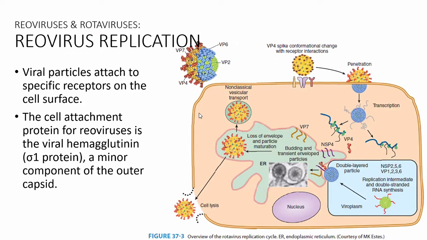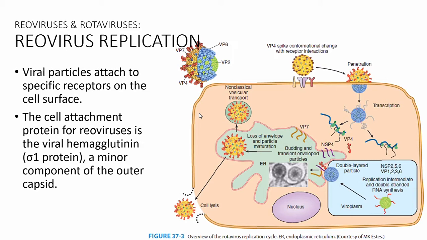The core of the reovirus also contains all the enzymes necessary for transcribing, capping, and extruding the mRNA from the core, which leaves the double-stranded RNA genome segment inside.